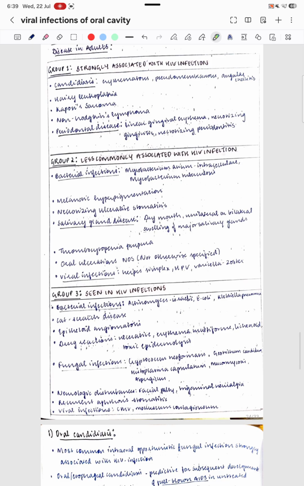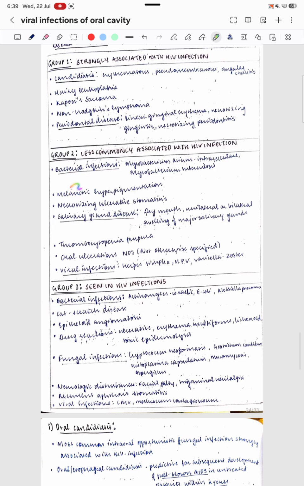Coming to the second group, the less commonly associated HIV infections. First are the bacterial infections, such as Mycobacterium avium, the intracellular mycobacterium, and Mycobacterium tuberculosis. Basically these are bacterial infections which are opportunistic or which could develop because of HIV. TB is one such example.